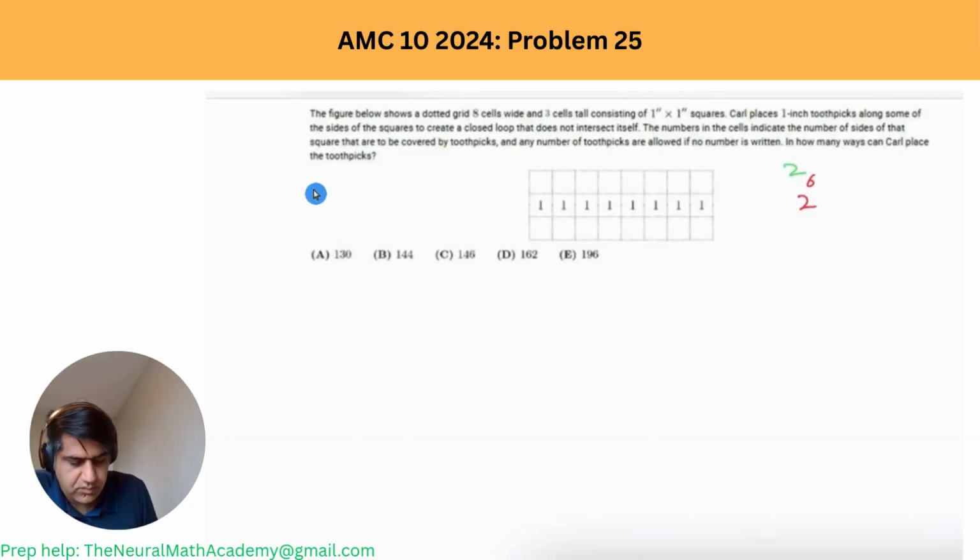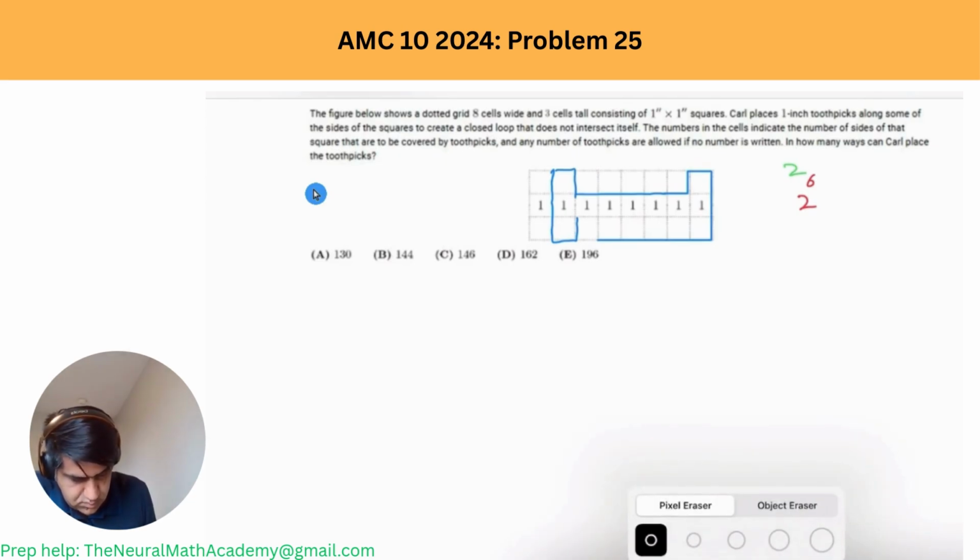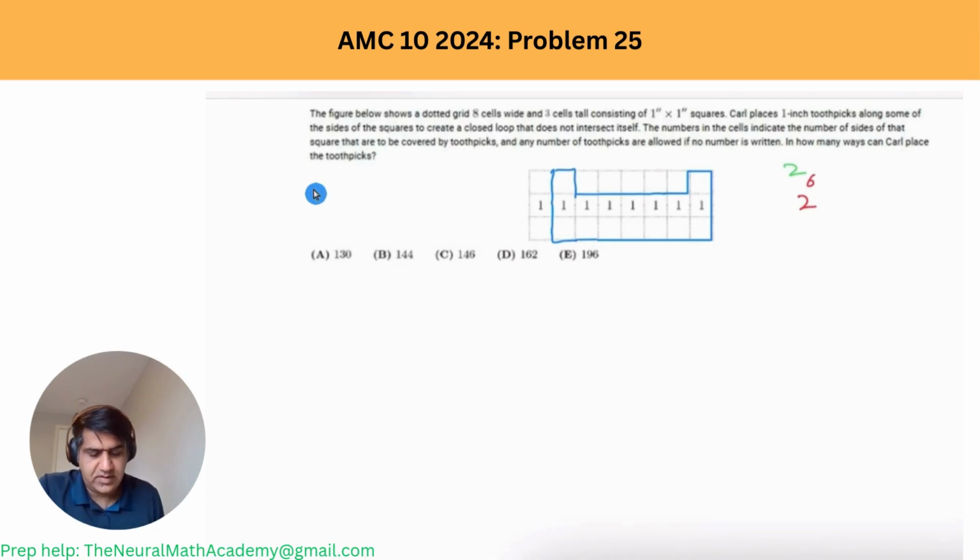Now let's see what happens if, instead of starting at the extremes, I start inside. So I can also start like this, and let's say that I go all the way. And now I can have a case like this, right?